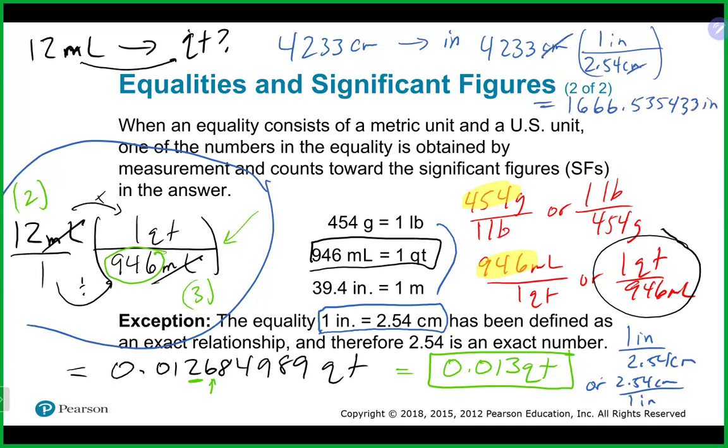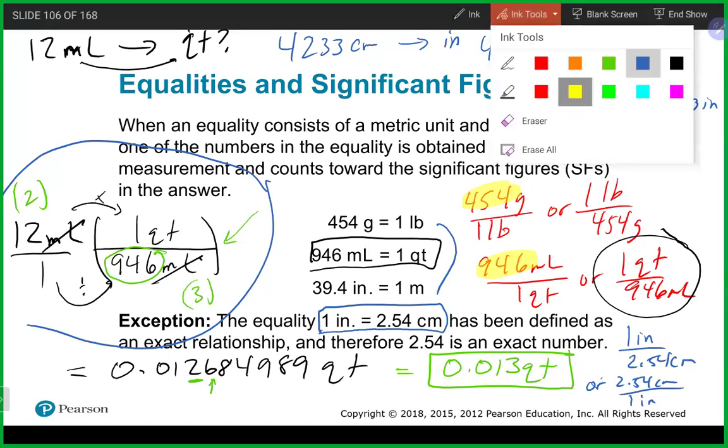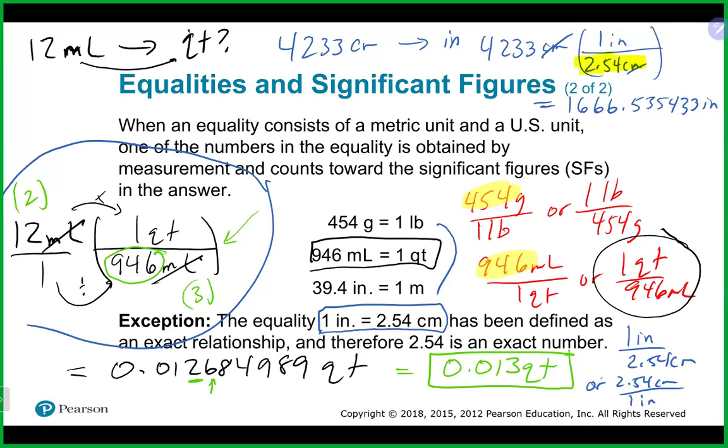Centimeters would cancel. Now, when we go to look at this, because this number right here is considered an exact conversion, we just ignore it. We ignore any type of significant figures there. You don't round it. The conversion factor we ignore, but we still have one other number, right? The other number is the original number, and that's the number that we would have to look at.